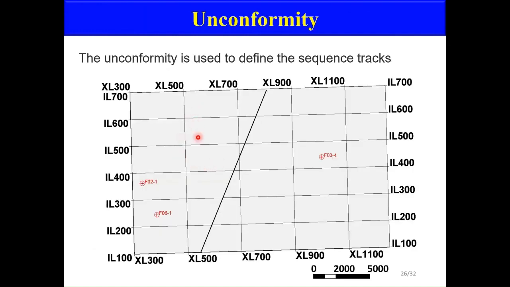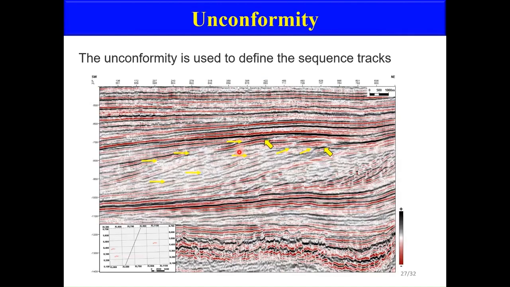So the third example is about unconformity. As I introduced at the beginning of my presentation, the unconformity is very important to define the system tracts. According to the unconformity and the corresponding conformities, we can define the system tracts. This is the location of my seismic section, and the yellow arrow indicates the unconformities.